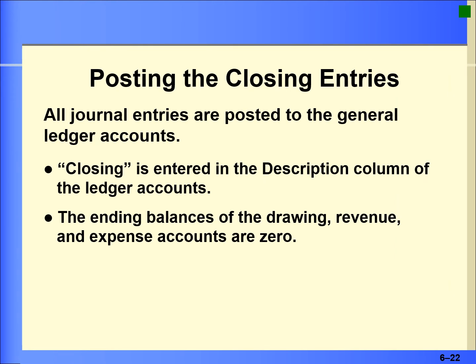All right, and then the final step is once you've posted everything, you want to do a post-closing trial balance, which is basically all of your permanent accounts that have been updated on the balance sheet.